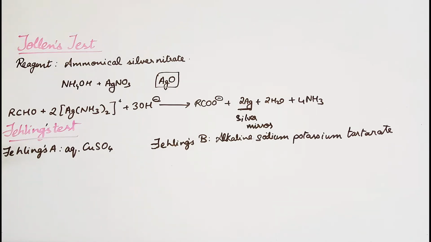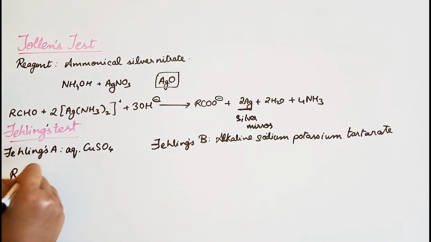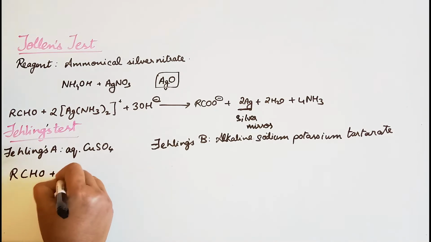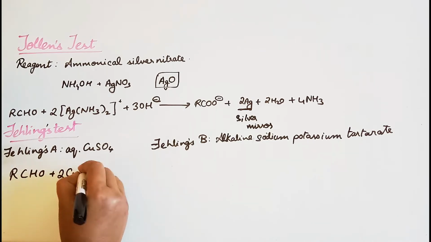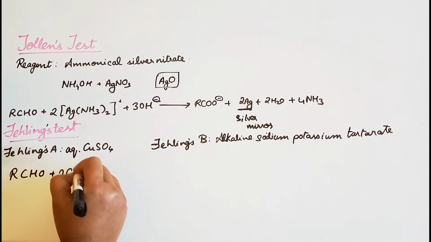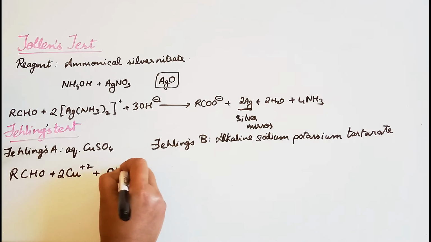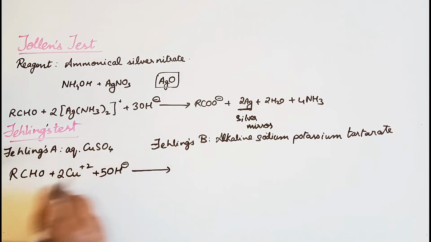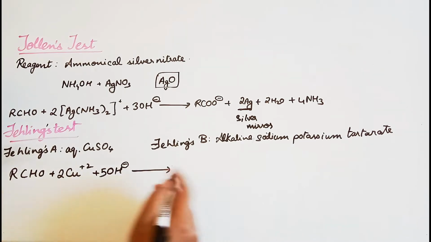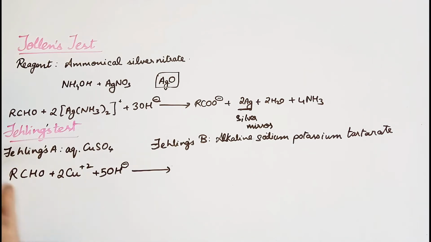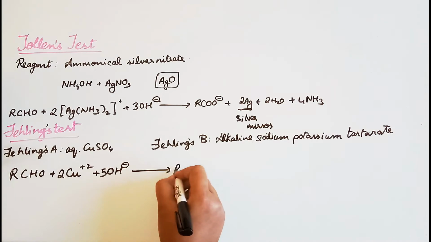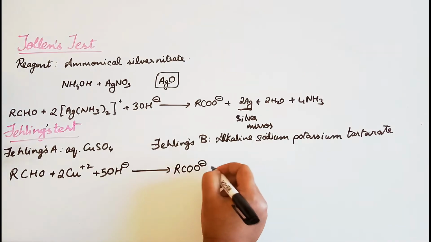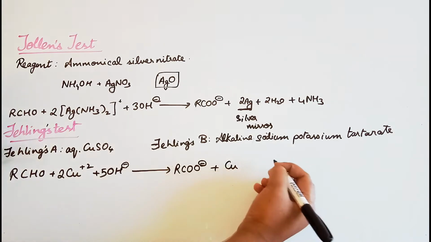RCHO is the aldehyde, and in the Fehling's solution we have copper ions and OH minus ions as well. The aldehyde is going to undergo oxidation to form a carboxylate ion and copper oxide.